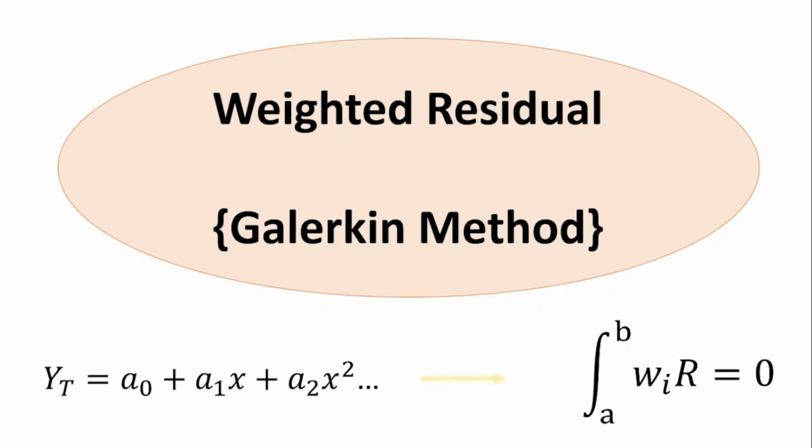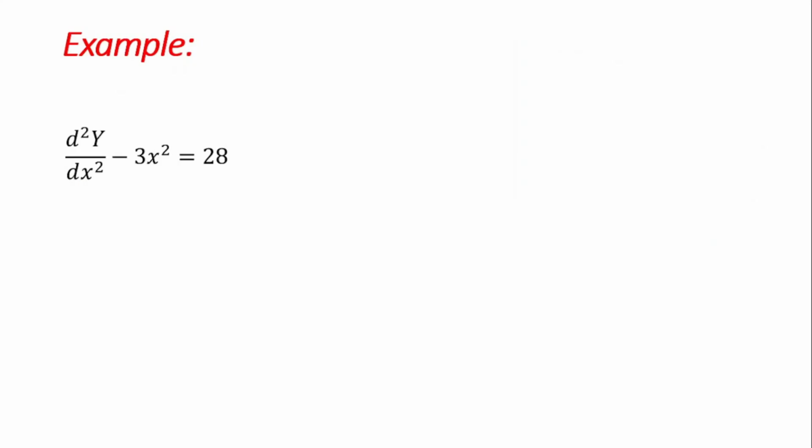But let's not be bothered yet about all these details I'm providing. We're going to walk through an example quickly, and once that is done, we see that this procedure, despite all these many stories I've told, is easy to apply, and we should be able to apply it at this level. That's what we're going to illustrate with this example. So let's say we have a question, d2y/dx squared minus 3x squared is equal to 28, and we have the boundary conditions y(0) equal to 0 and y(1) equal to 0.